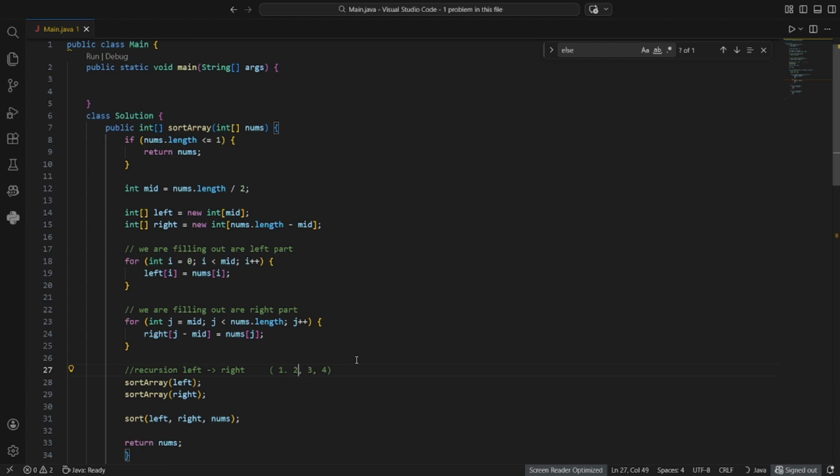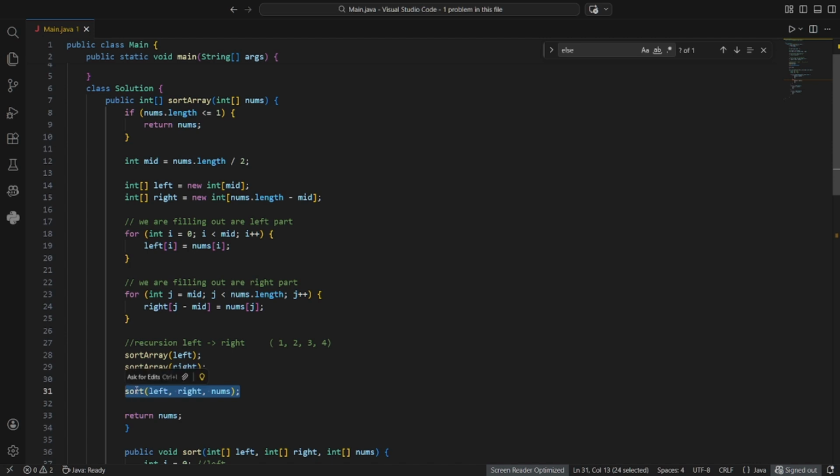When we sort this, we're going to divide it. The left part is going to be 1, 2, and the right part is going to be 3 and 4. The left part, sort array left, is going to be called again, splitting 1, 2 into 1 and 2. So that's why I always said the left part is always going to run first, and then we are going to do our right part.